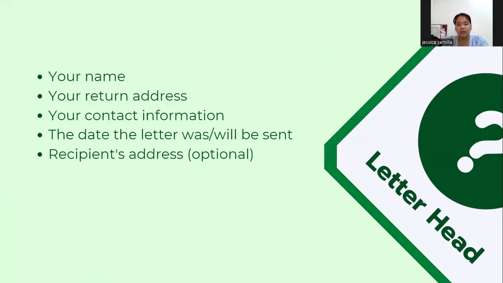It's very important that you put the letterhead so that it will be easy for the receiver to understand where the letter is coming from. Usually in the letterhead, they write the organizational logo, including the name of the organization the person belongs to. Later on, I'll be giving you an example of that. So again, you need to be very particular with that.